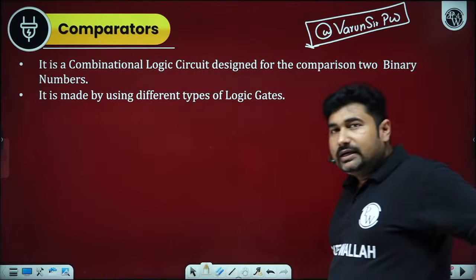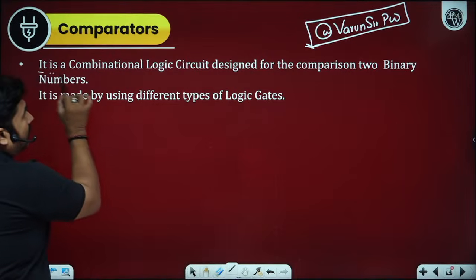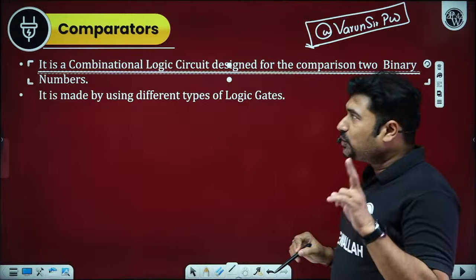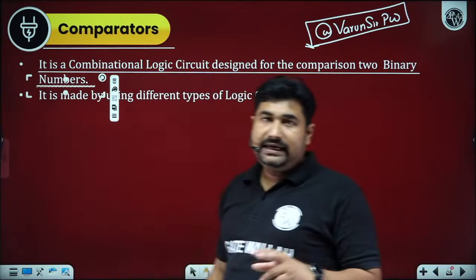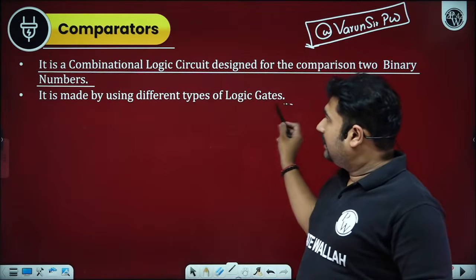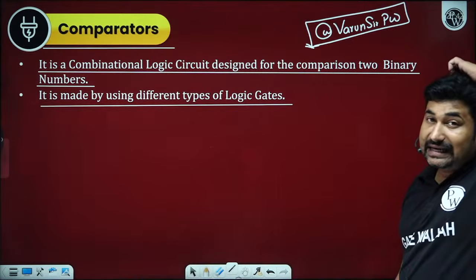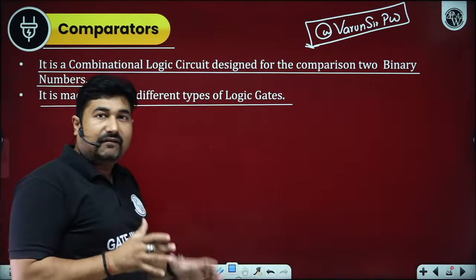Now please observe here, comparator. It is a combinational logic circuit designed for comparison of two binary numbers. It is made by using different types of logic gates. First, I want to design a 1-bit comparator.